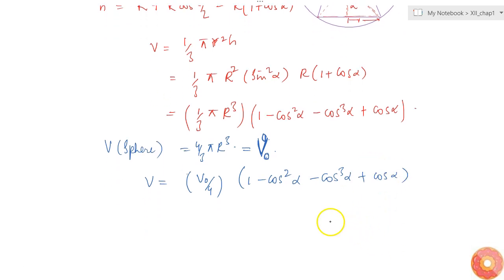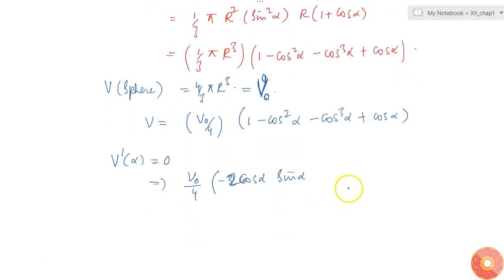Now in order for this to be maximum, we know that V dash of alpha is equal to 0. That implies V naught by 4 is common. So minus 2 into cos alpha into minus sin alpha, minus here cancel, total will come plus.